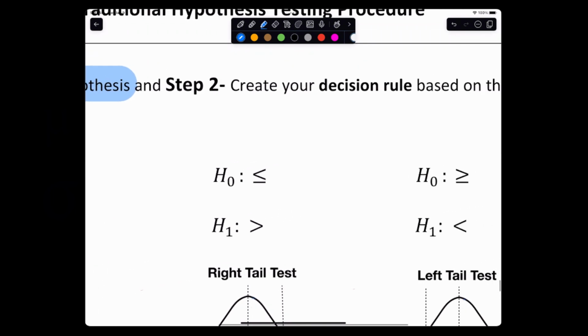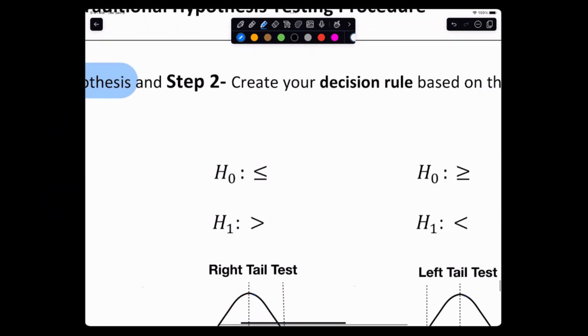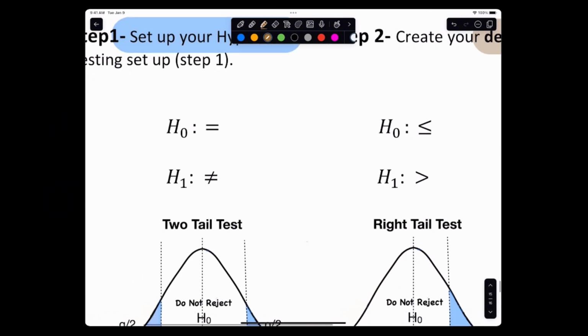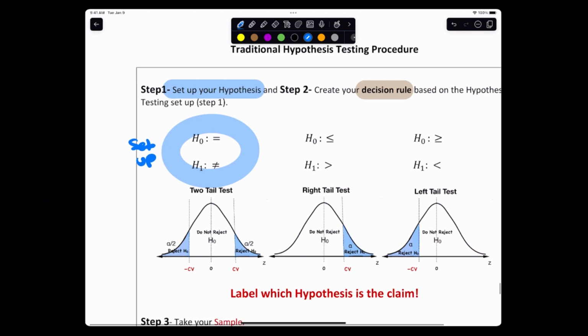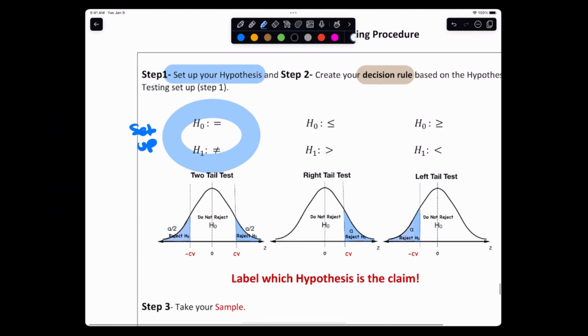And then step 2 is going to be to create what's known as a decision rule. So if you look at this picture, here's what I mean by that. I'm going to outline this. It's your setup, and then over here is going to be your procedure.